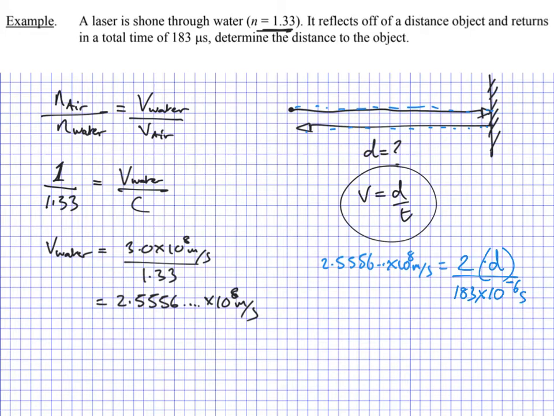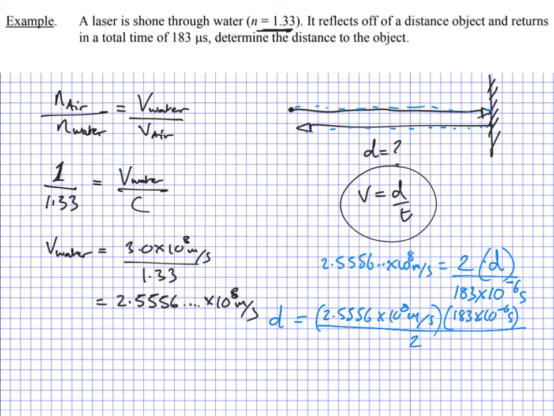So I'm nearly there. I'm going to solve this. I'm going to say that 2.5556 times 10 to the 8 meters per second multiplied by 183 times 10 to the -6 seconds divided by 2 is going to equal the distance one way.